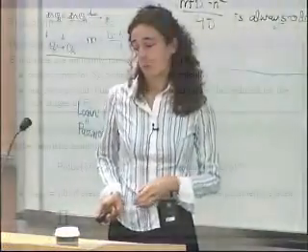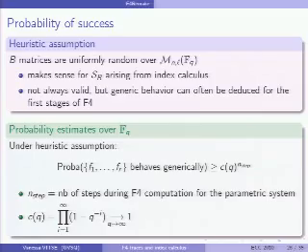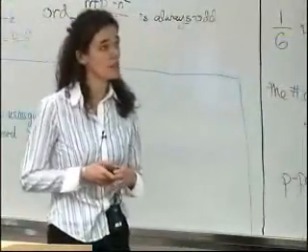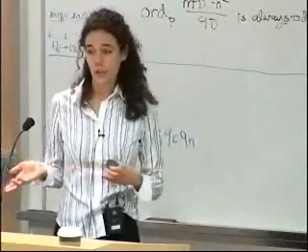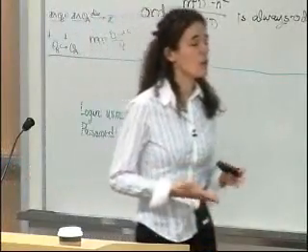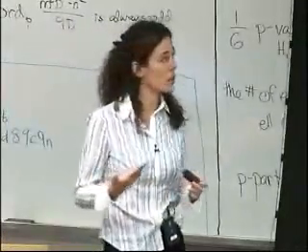And to get the probability that this actually works, I will make some heuristic assumption. I will suppose that these matrices have uniformly distributed coefficients over F_q. So at this point, I would like to remember how we have constructed our systems.